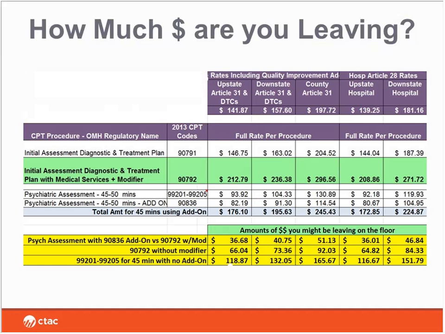So if we look here at this row with the psych assessment, with the 90836, so that 45 minutes of time, if you bill that as a regular 45-minute visit with the add-on versus a 90792 with a modifier, then this row here shows us how much extra money you could be making.